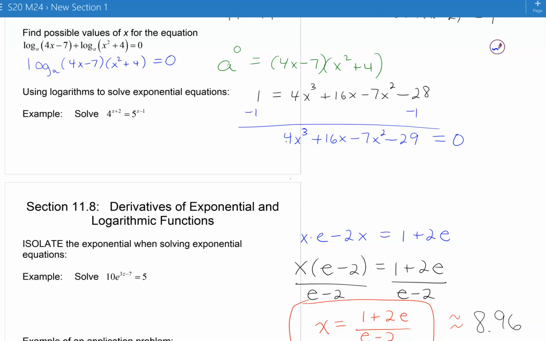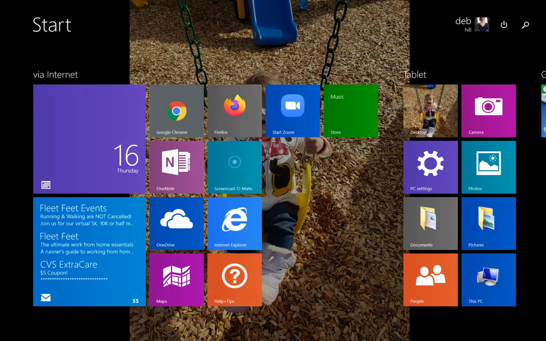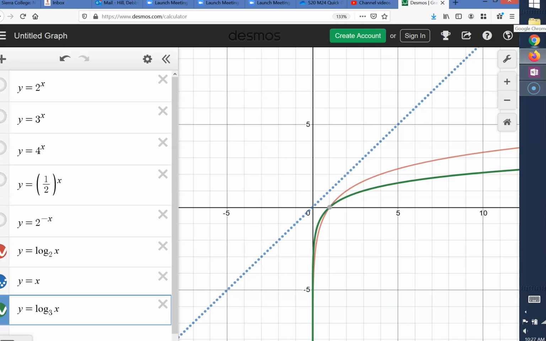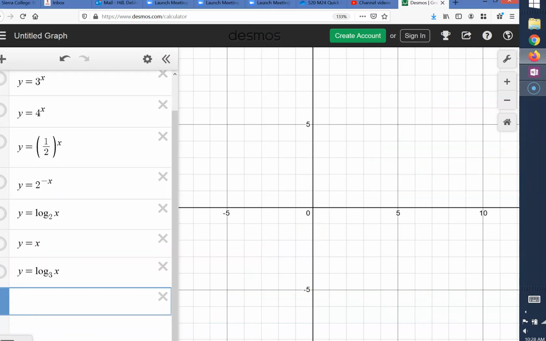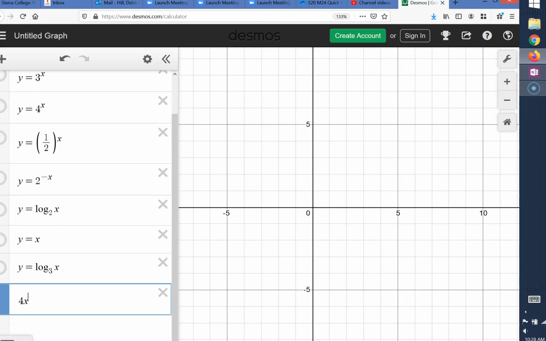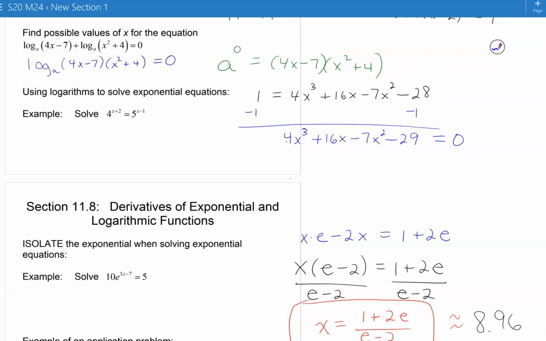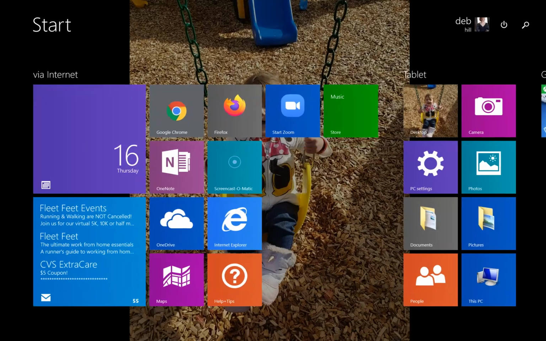Because let's look at what it would look like in Desmos. We have 4x cubed plus 16x minus 7x squared minus 29.